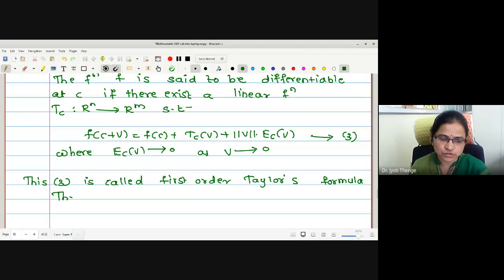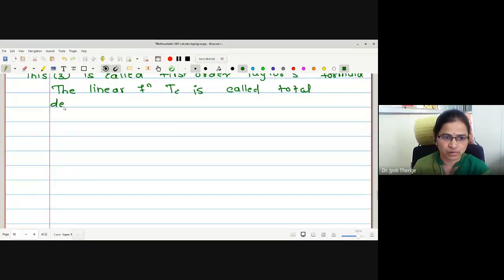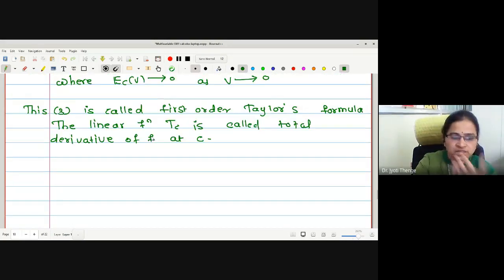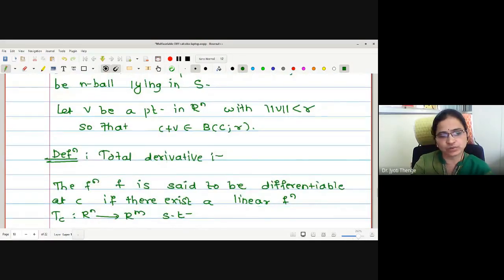The linear function is called total derivative. The linear function T_C is called the total derivative of f at C. Okay, this is the definition of total derivative. Any doubt with the definition? You can ask.